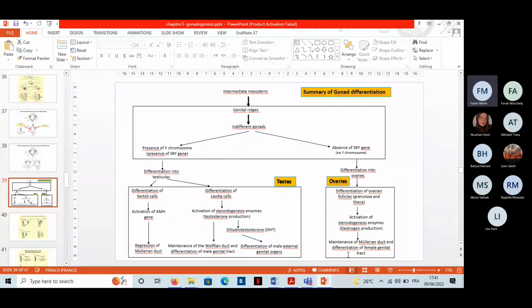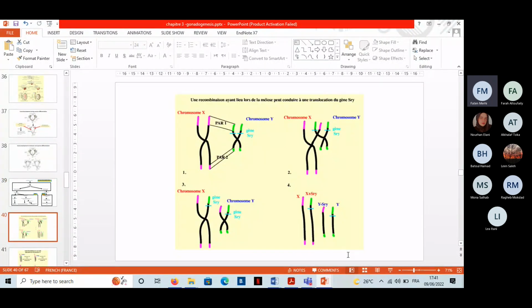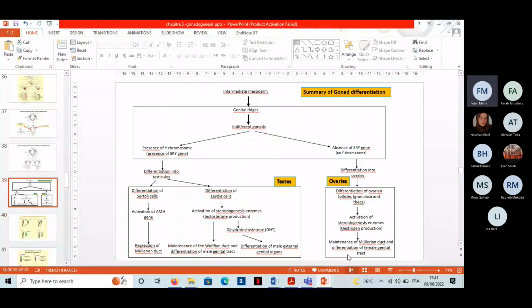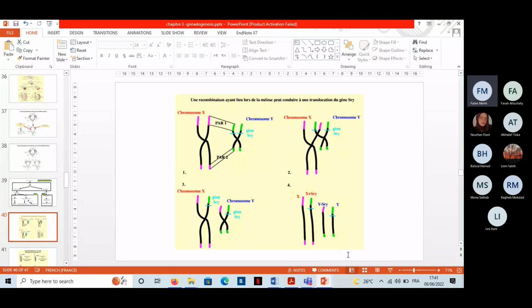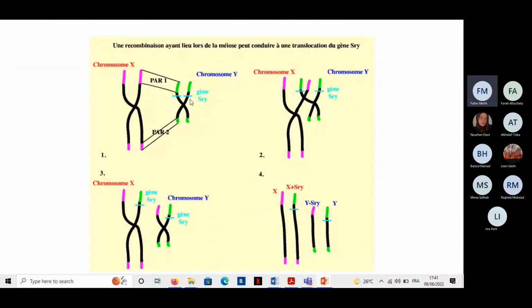I would just like to add something: sometimes we can have genetic problems at the level of the X and Y chromosomes. In some people, during the gametogenesis, sometimes the Y chromosome can lose the SRY gene.